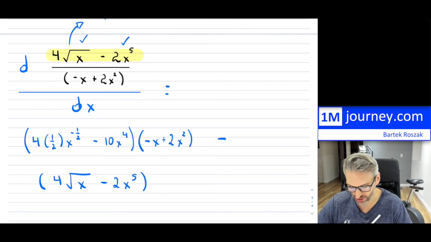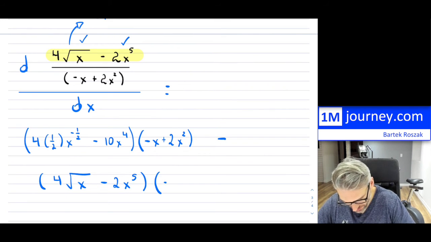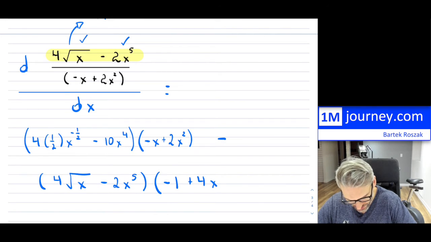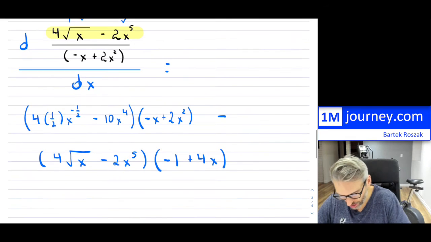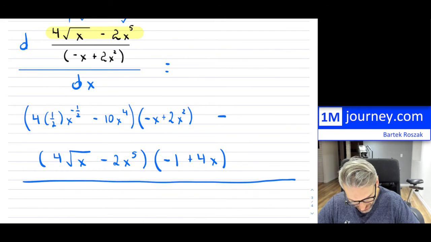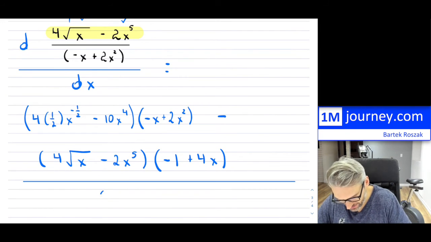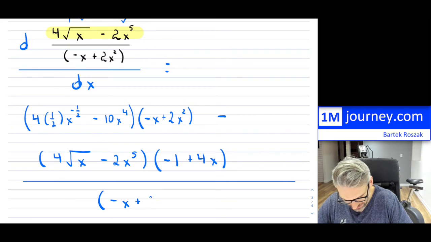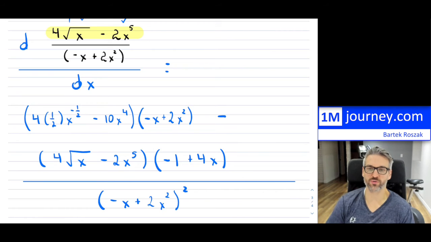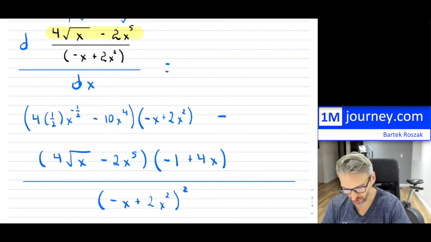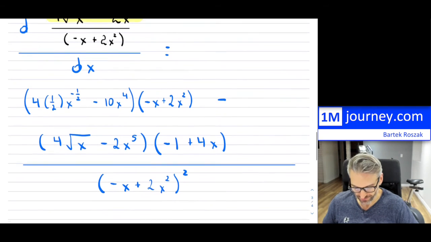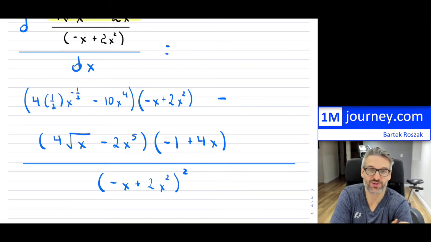And now we take the derivative of the denominator, so that one's a little bit easier. That would have been negative 1 plus 4x. And now all of this has to be divided by the entire denominator squared. That's what the application of the quotient rule is. So if you look at this, it's super ugly, right?